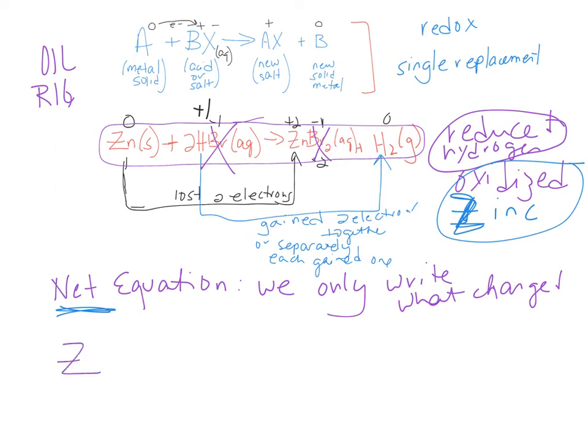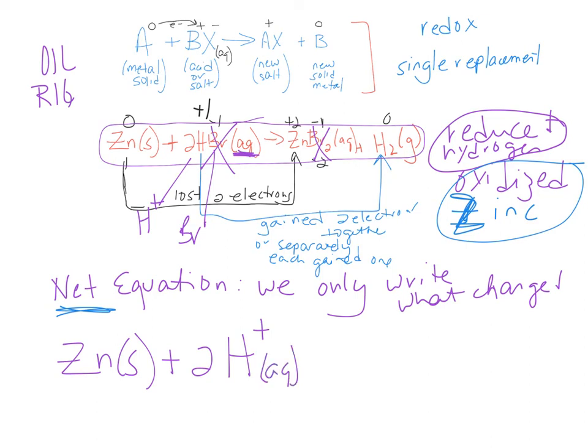We're going to write our zinc solid, plus 2 H pluses, because remember this is aqueous, so it's actually dissolved. And when it's dissolved, these are split up. H plus, Br minus. That's aqueous. And that's going to form aqueous zinc, which has a +2 charge. Look up here.